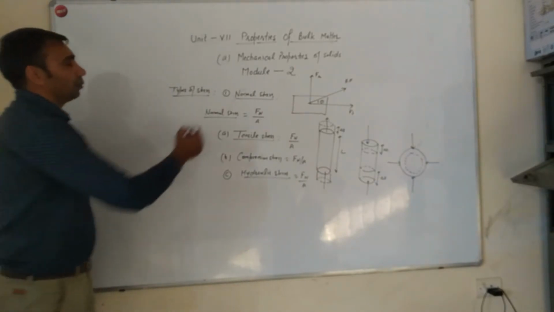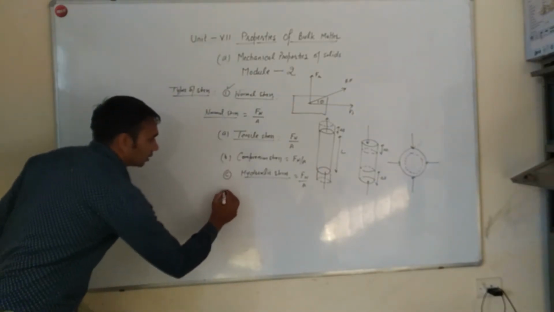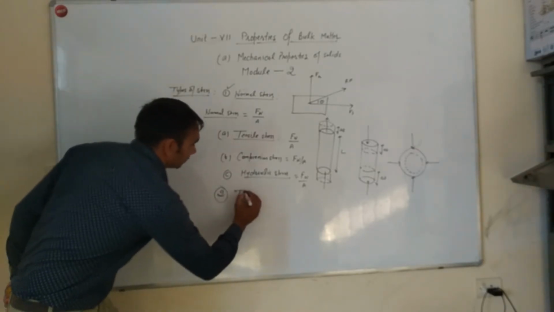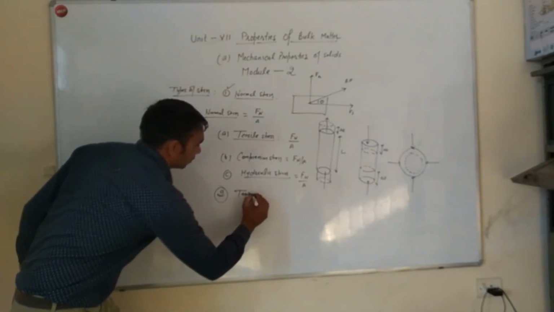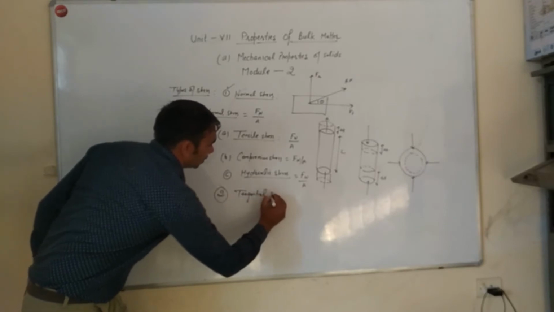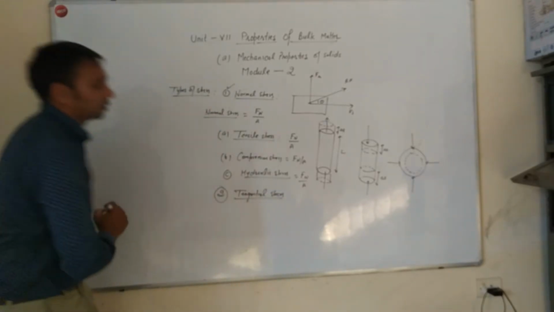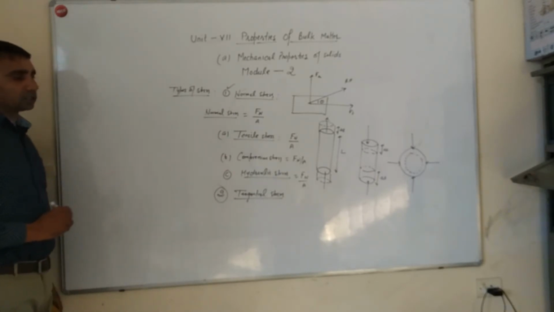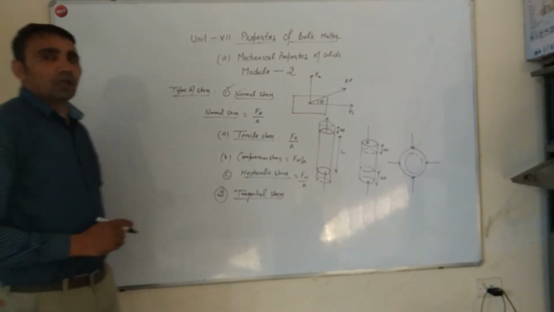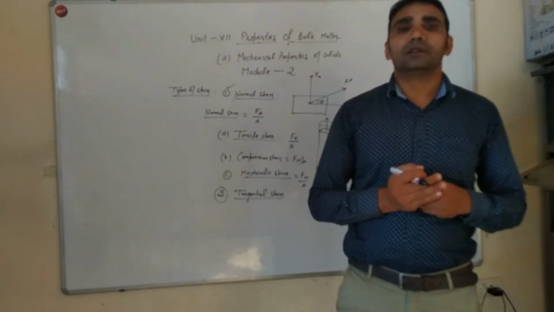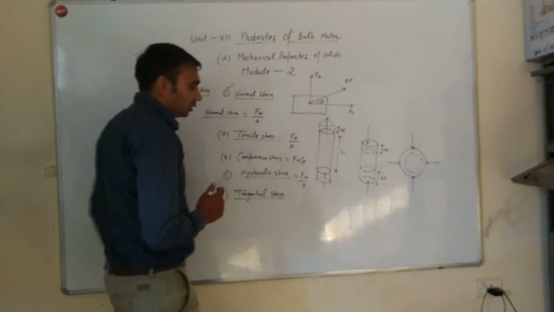Now the second type of stress is tangential stress. In case of tangential stress, the force applied on the body is tangential to the surface of the body.